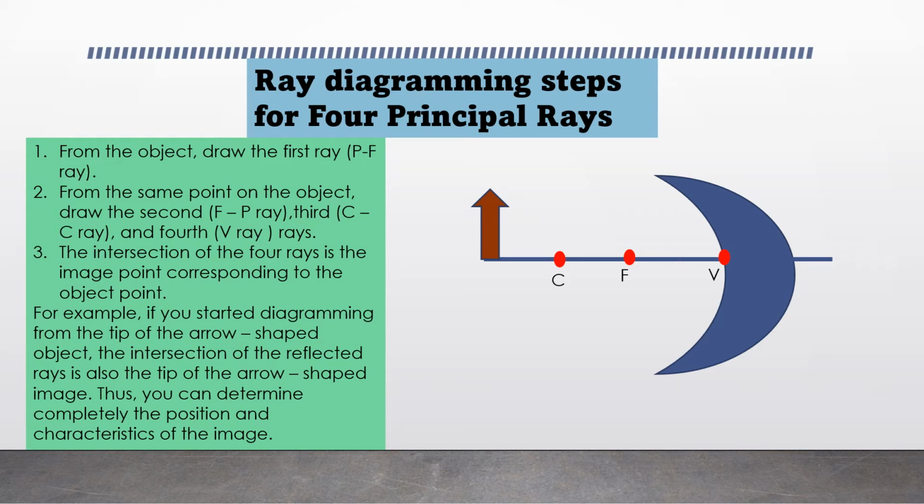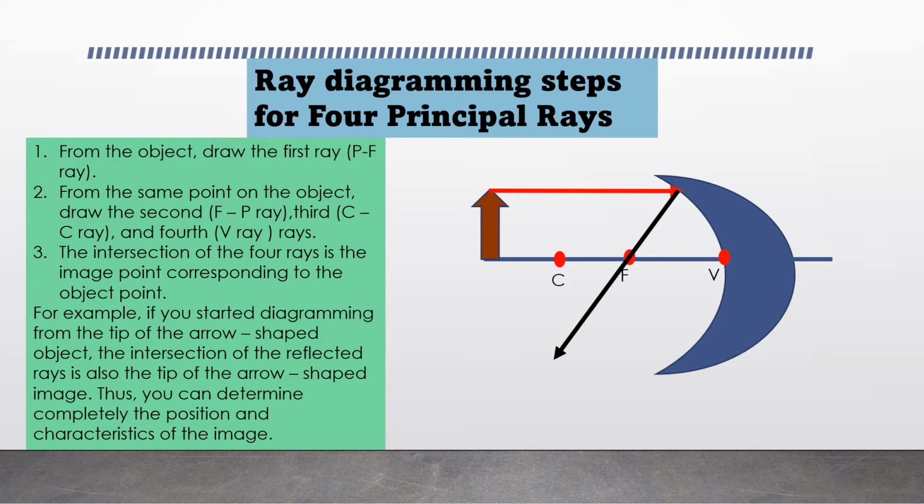Now, first, from the tip of the object, draw the first ray, the P to F ray. Apply the P to F ray. P means parallel to the principal axis. F means the reflected ray should pass through the focus.